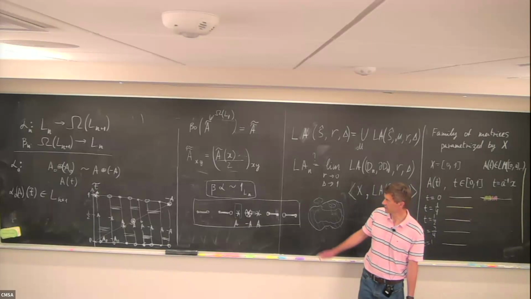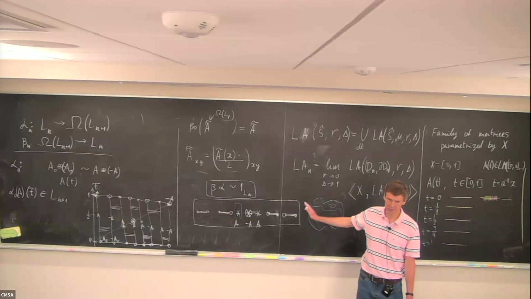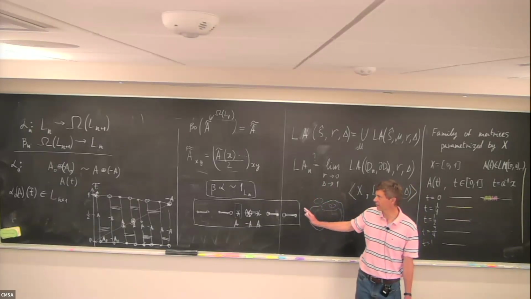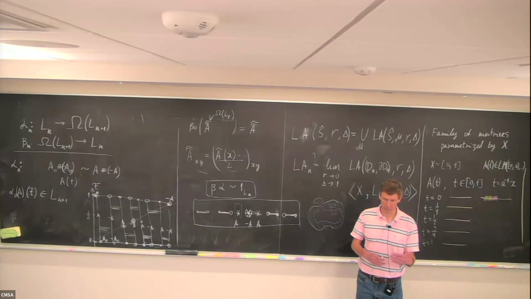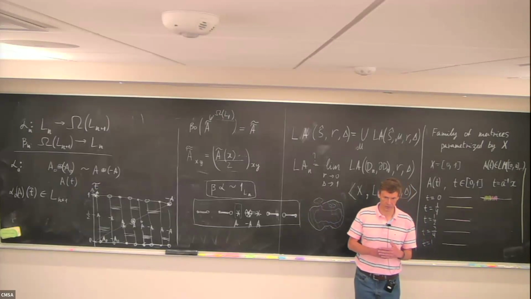But since this argument is completely general, it doesn't give any hint what the spectrum actually is. And the calculation of the spectrum has to do with Bott periodicity. We need some extra structure. And that extra structure is, we consider not just local matrices, but local matrices with Clifford symmetries.